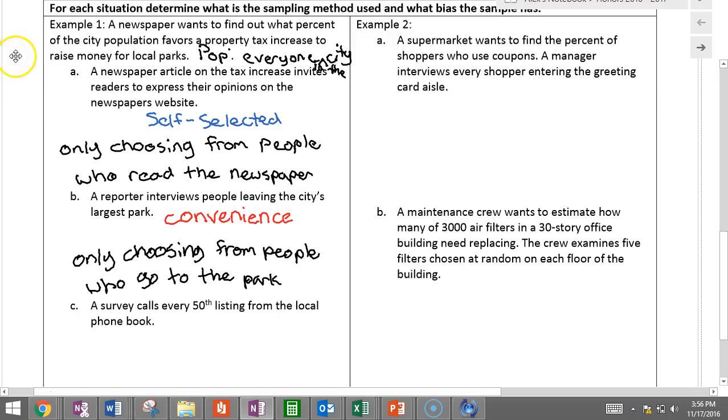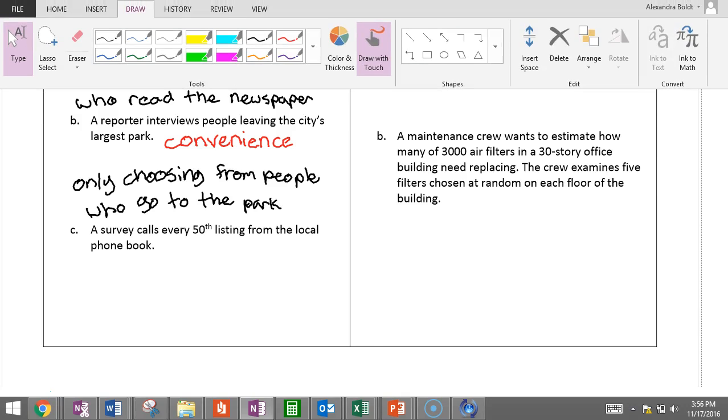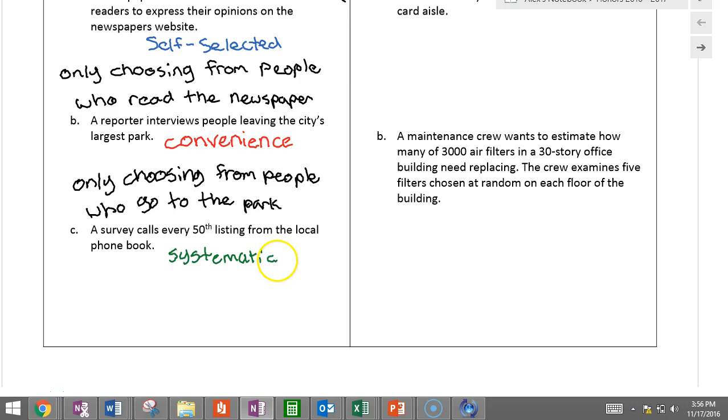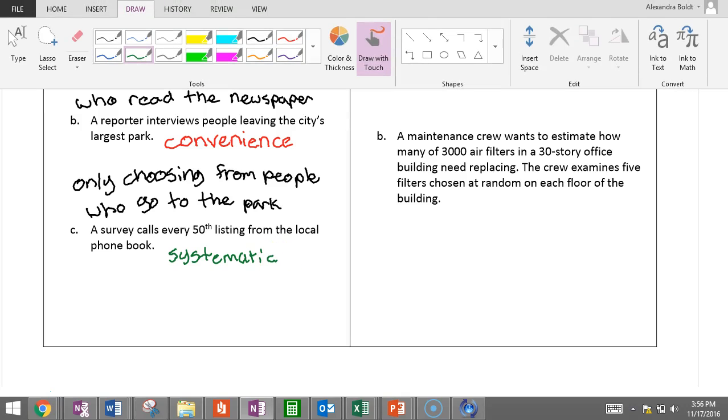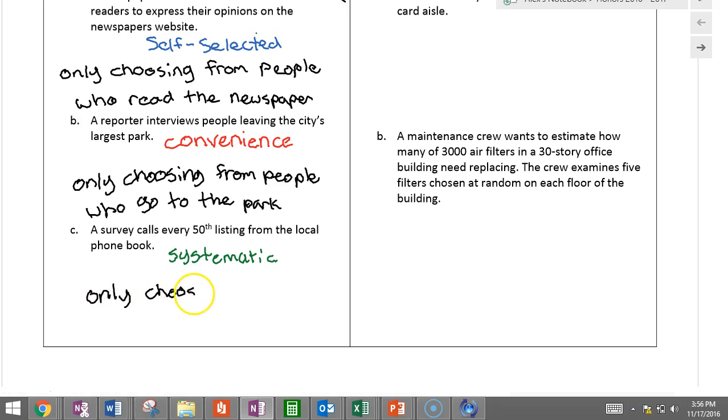So in our next one, a survey called every 50th listing from the local phone book. This is a systematic sample. You're listing them and choosing. Unlike our earlier example, this one does have bias because it's only choosing from people who are in the phone book.